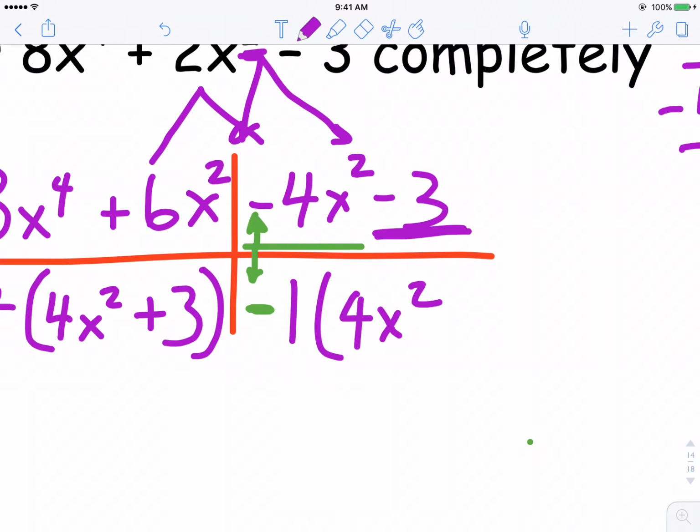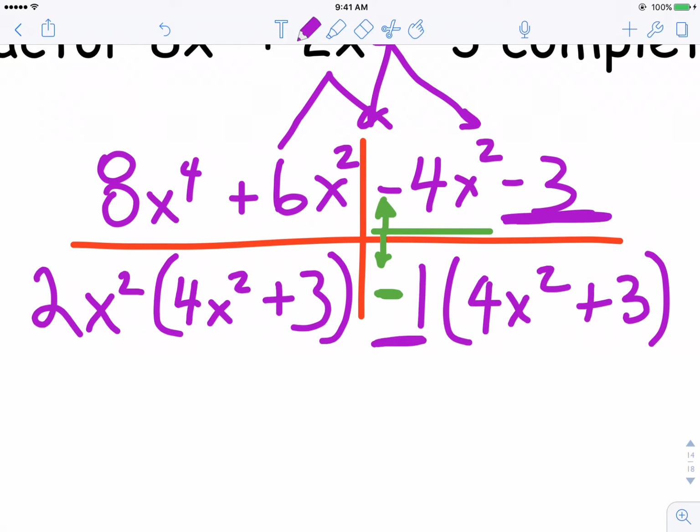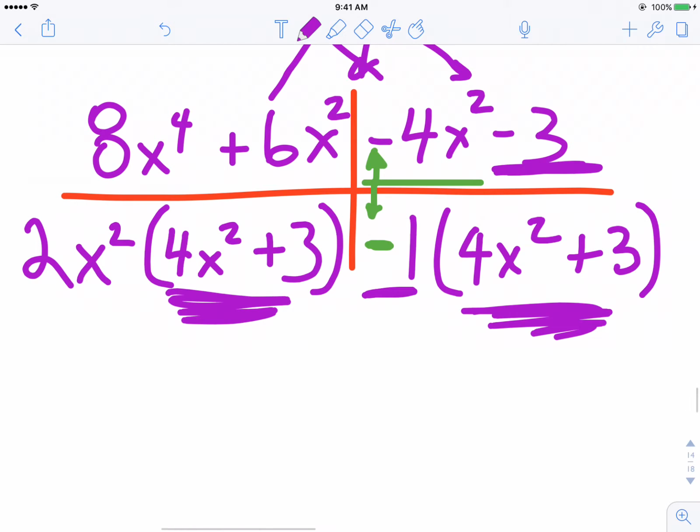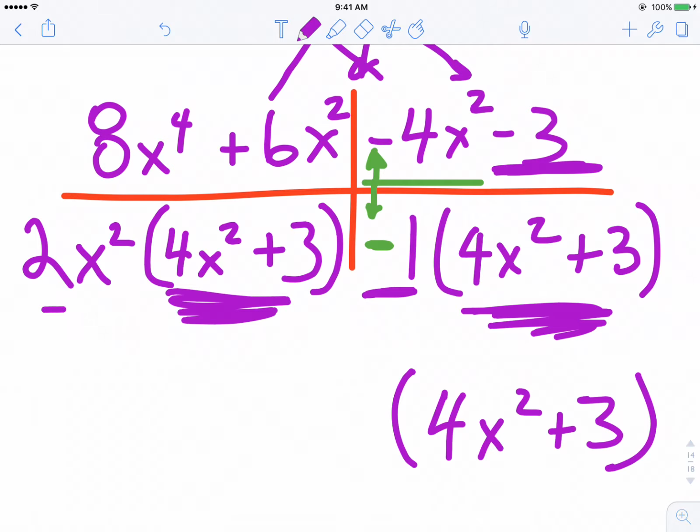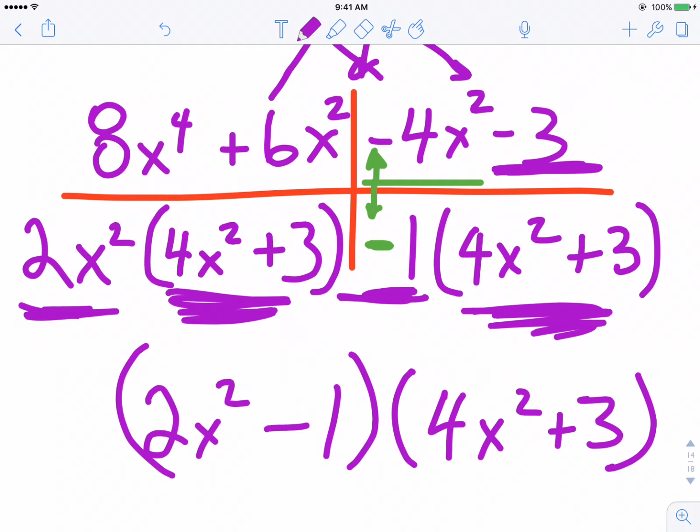Negative 3 divided by, or factored out by, a negative 1 gives me positive 3. Now you see, if we had not factored out a negative, these would not have been the same. Now they're the same. So I say 4x squared plus 3 is one factor. What am I left with? 2x squared minus 1, my other factor.